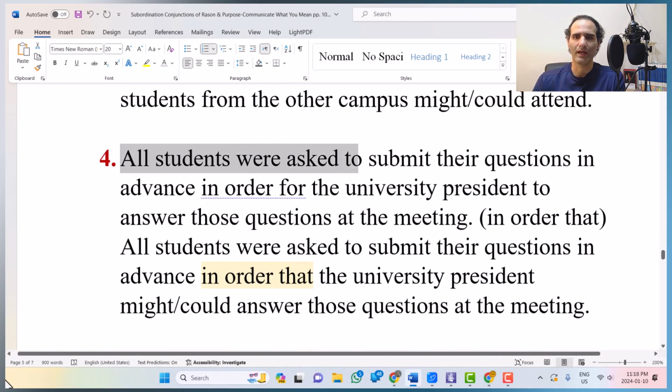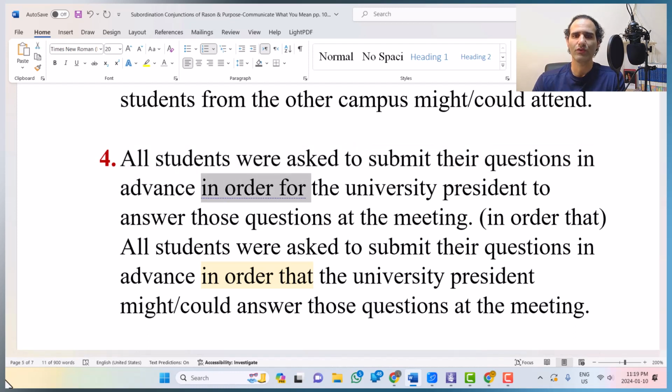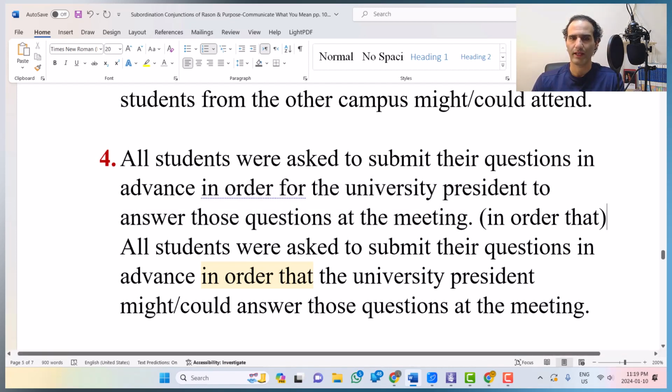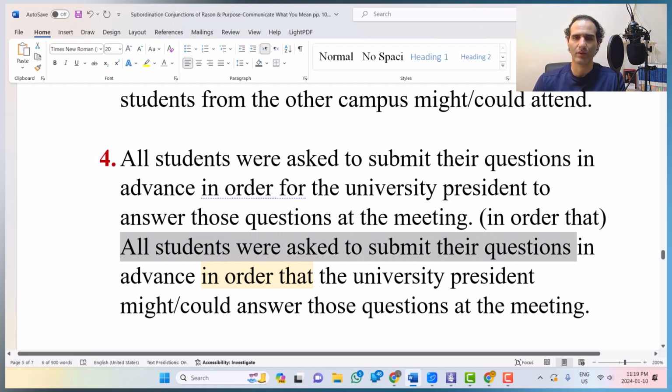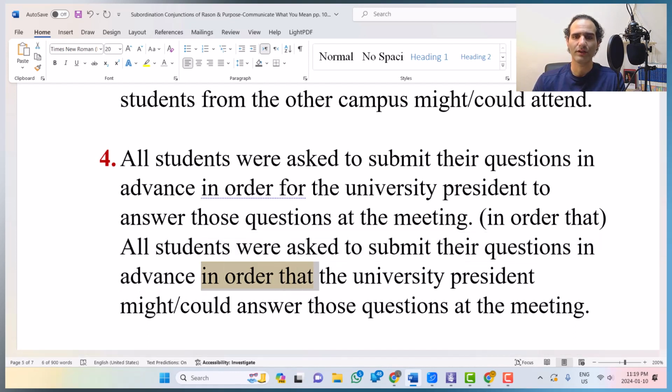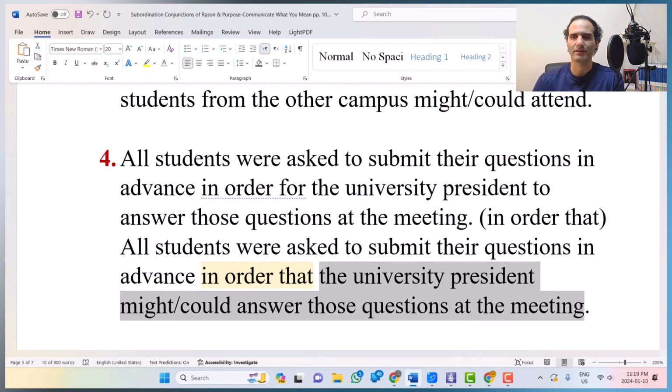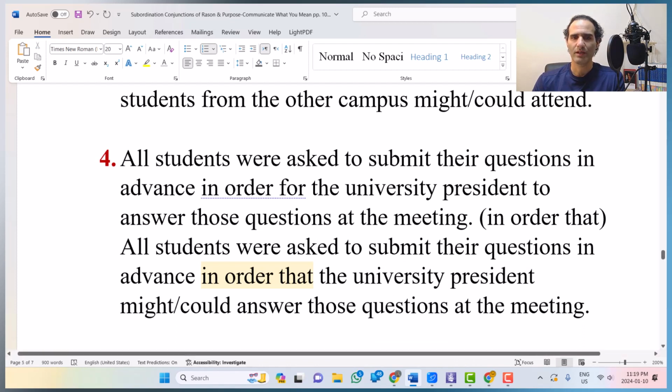Number 4, all students were asked to submit their questions in advance in order for the university president to answer those questions at the meeting. In order that all students were asked to submit their questions in advance in order that the university president might answer those questions at the meeting or could answer. Okay? So some points here.